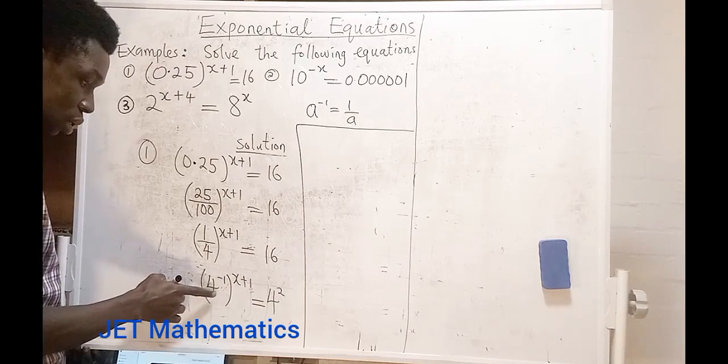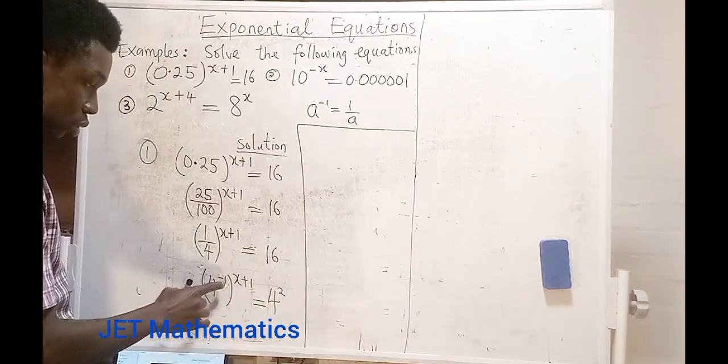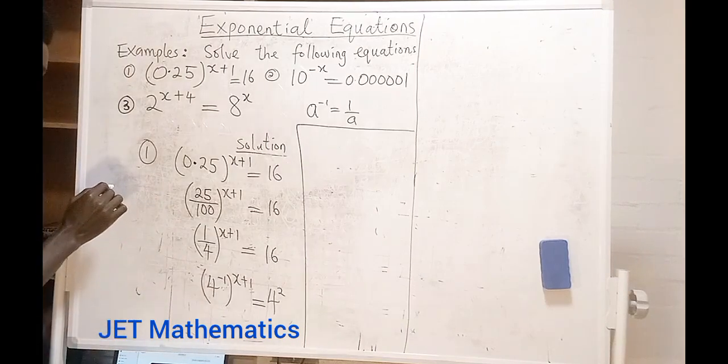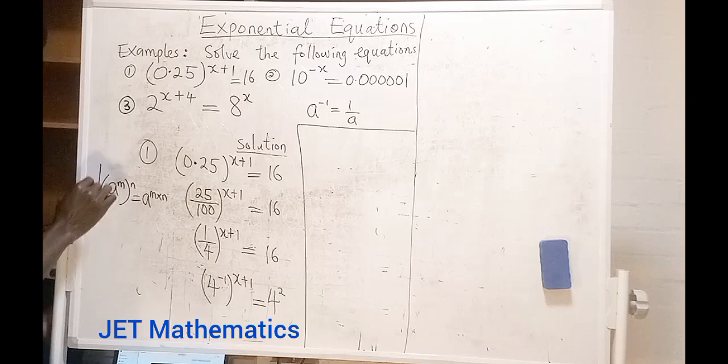So solving this using the law of a to the m to the n is the same thing as a to the m times n.